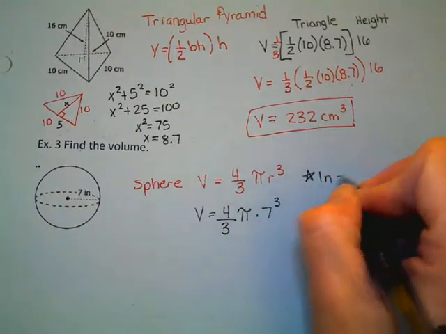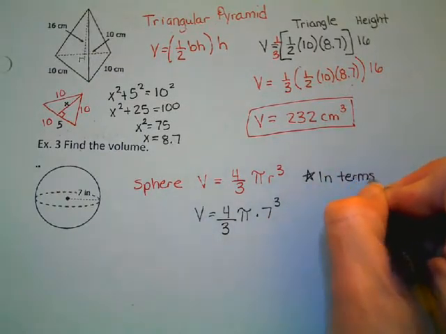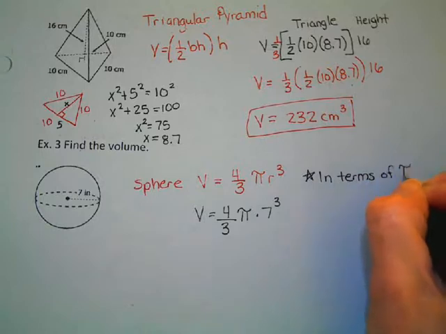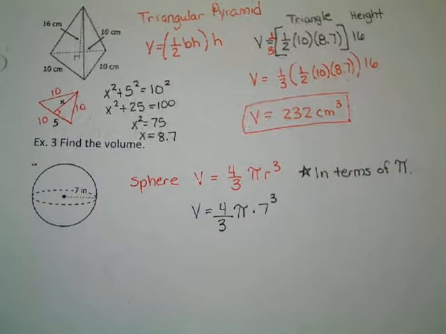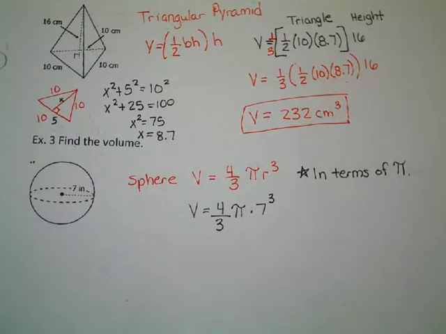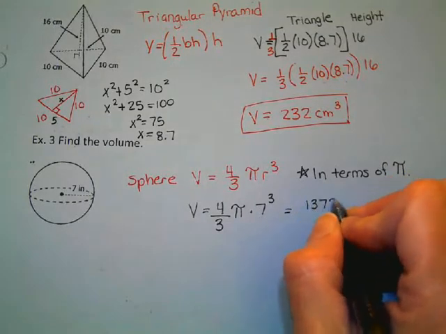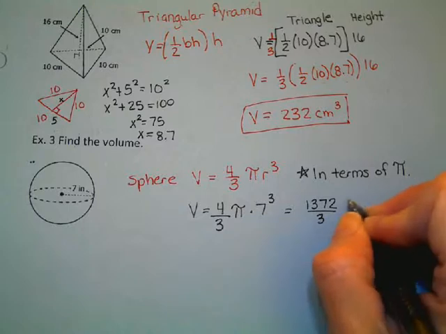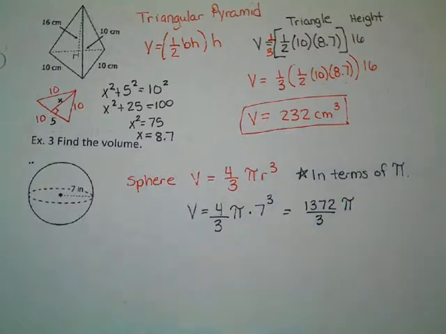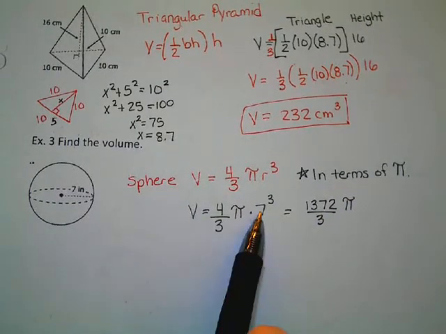So today, anything that has a pi symbol in it, we're going to leave it in terms of pi. Okay? So to do that, I'll take 4 times 7 to the 3rd power. That would equal 1372 divided by 3, keeping the letter pi. So I just did 4 times 7 cubed to get that big number. Now it's to divide and see if they come out even. They don't.